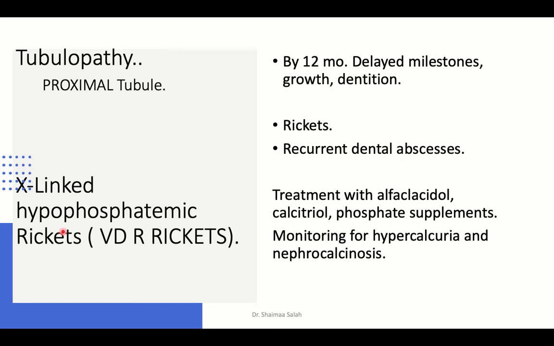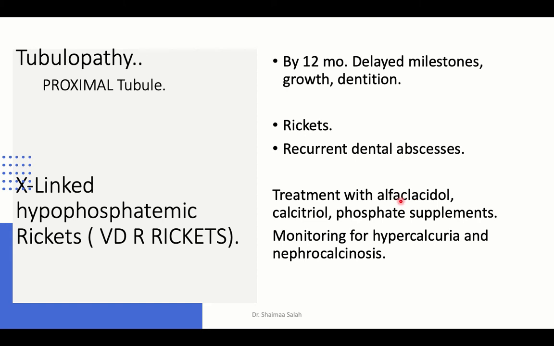So the treatment of this condition will be by alfacalcidol, the active form of vitamin D, despite we don't have a problem with it, but we need high doses of vitamin D to compensate for the low phosphorus level. Vitamin D functions on the gut and on the kidney, okay, to elevate phosphorus levels. Also, it functions on bone by mineralization of bone with phosphorus.